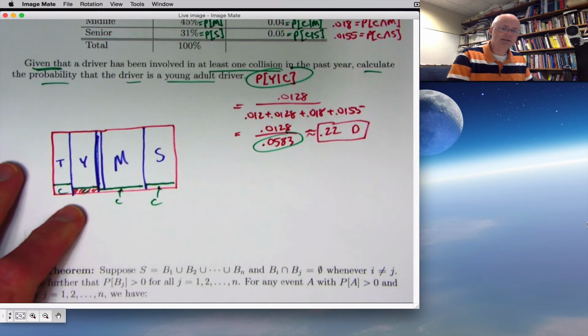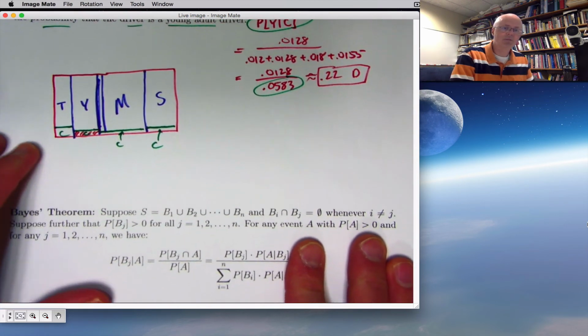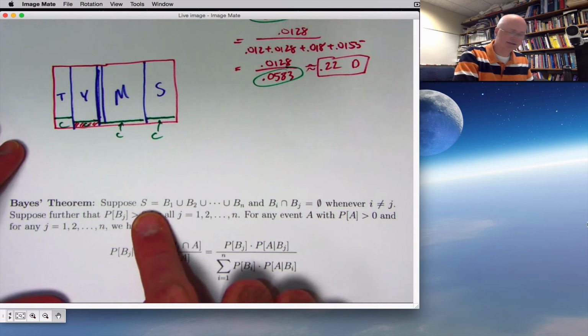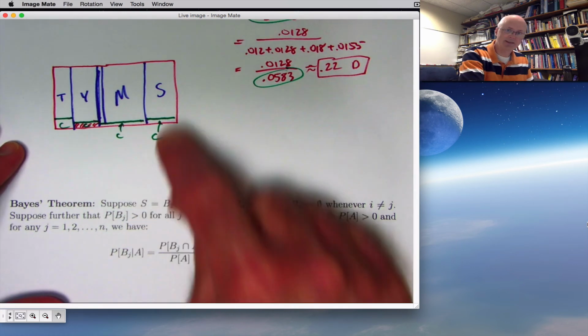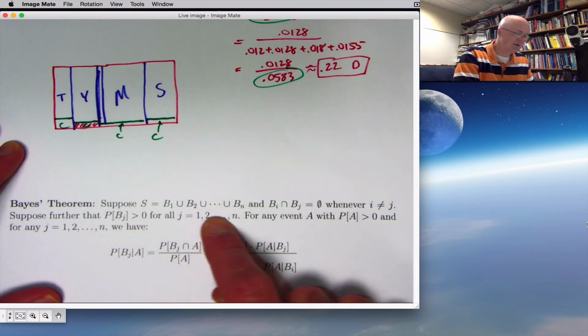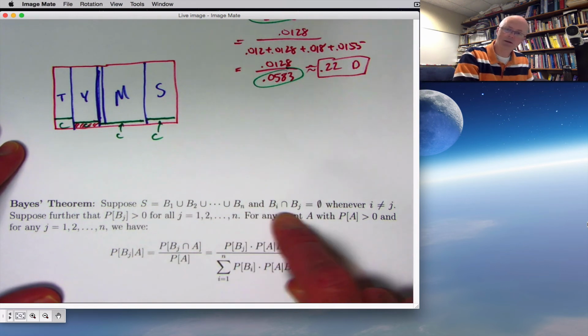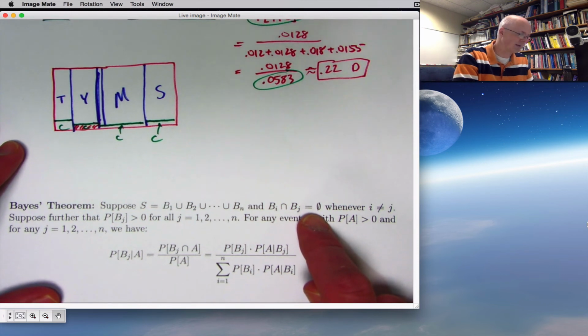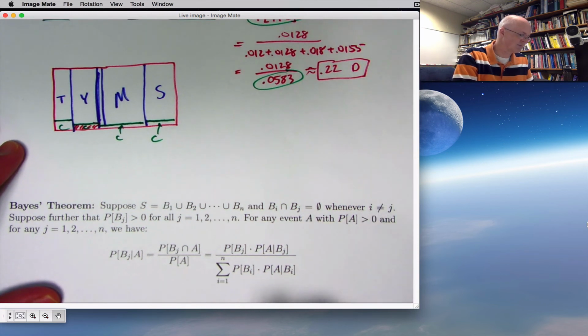All right, now let's look at the statement of Bayes' theorem to finish off the video, and we'll compare it with what we did. So here's the formal statement. Suppose a sample space, S, it's not the same as this S, is the union of a bunch of sets whose intersections are empty. These are disjoint sets, non-overlapping, mutually exclusive events.